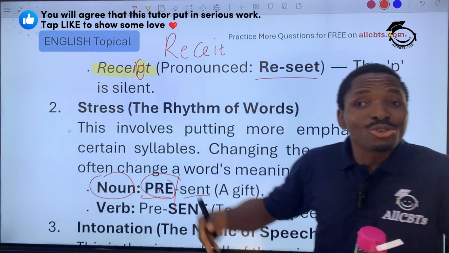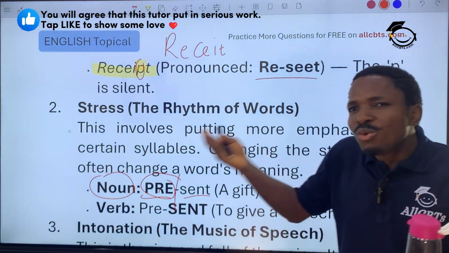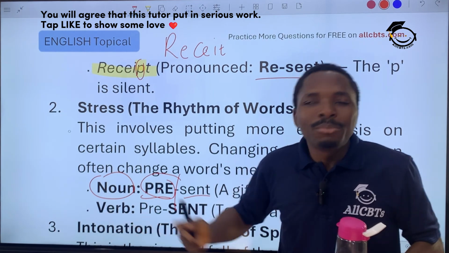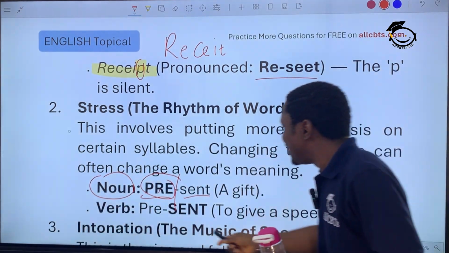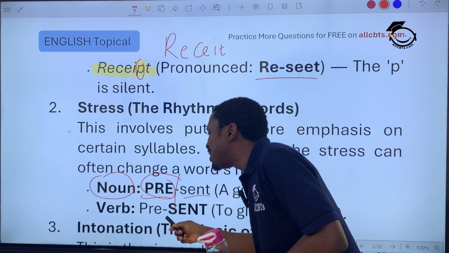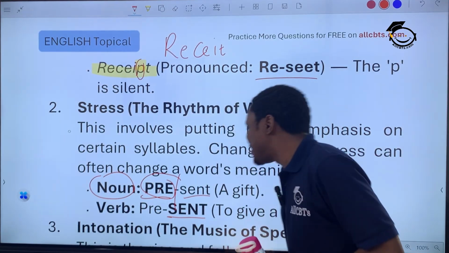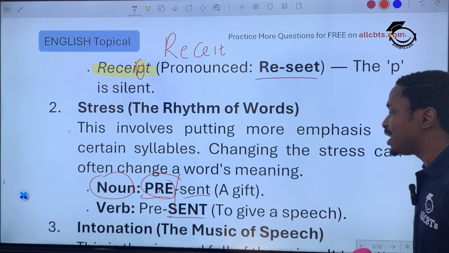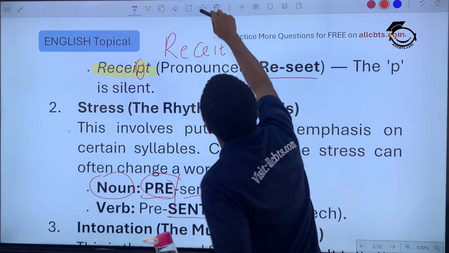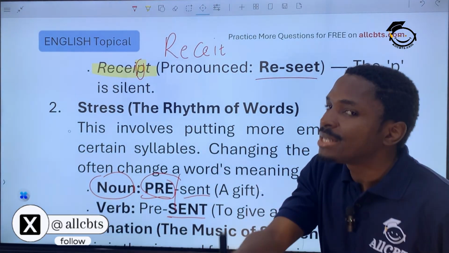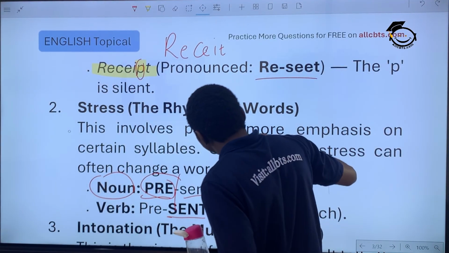A verb is an action word. Now, they are both spelled the same, but one is a verb, one is a noun. In the usage of the verb, the stress moves to the second syllable. To present means to give a speech or to give something. So one is present and the other is present. Good. Are you still there?